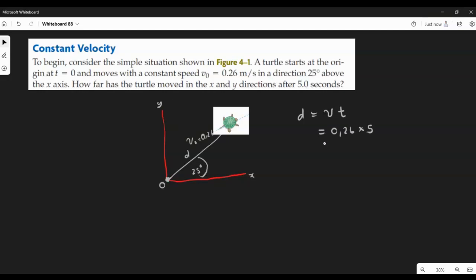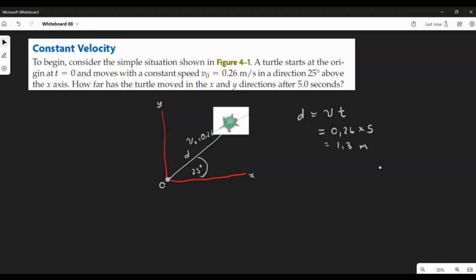We multiply that by 5, and we should get an answer of 1.3 meters. So we know that it has essentially traveled 1.3 meters in 5 seconds.